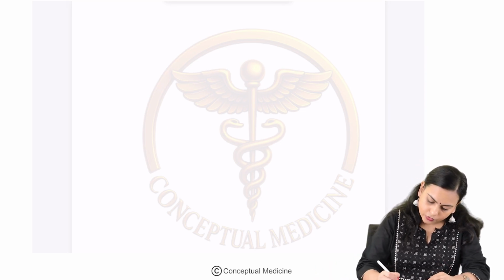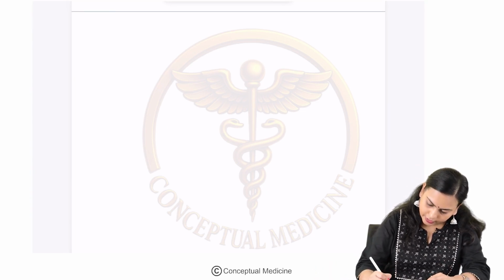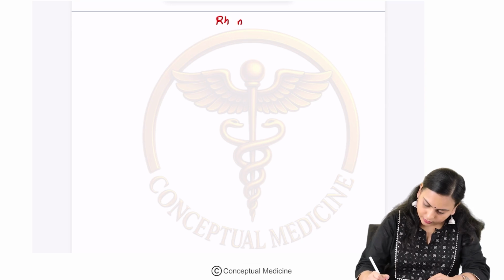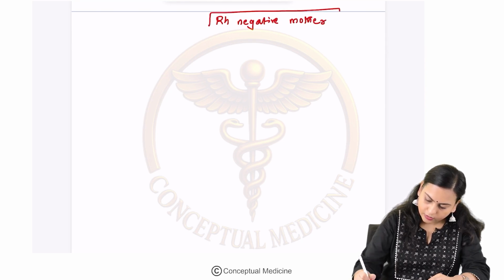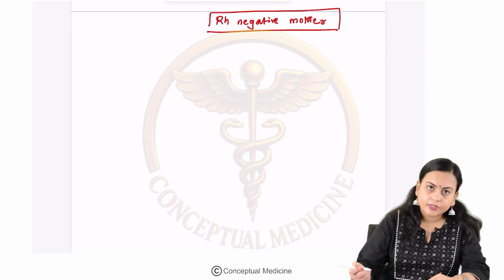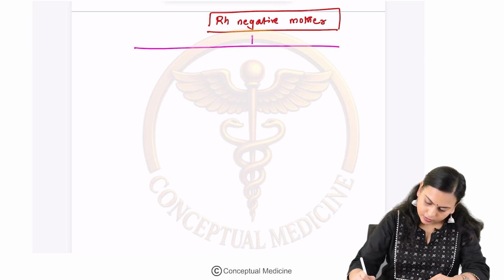Okay, so whenever there is an RH negative mother, we will be asking the history of the blood group of the partner.